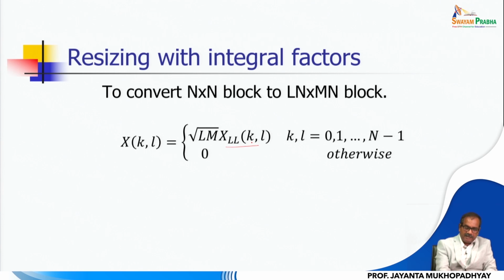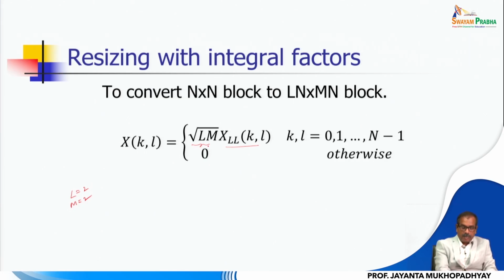Once again you see that this is a generalization of the subband theory of approximation. So instead of root 2, or 2 or half, here we are using root LM. In the general case, if L equals 2 and M equals 2, you will get back the same theory of image halving and image doubling, with a factor of 2, as you can see.